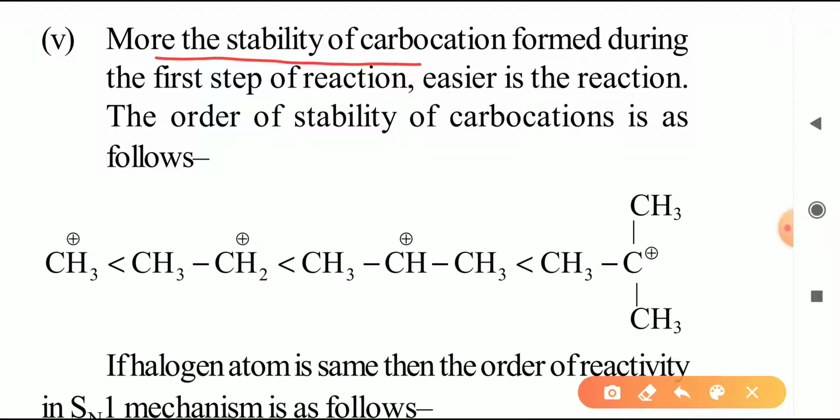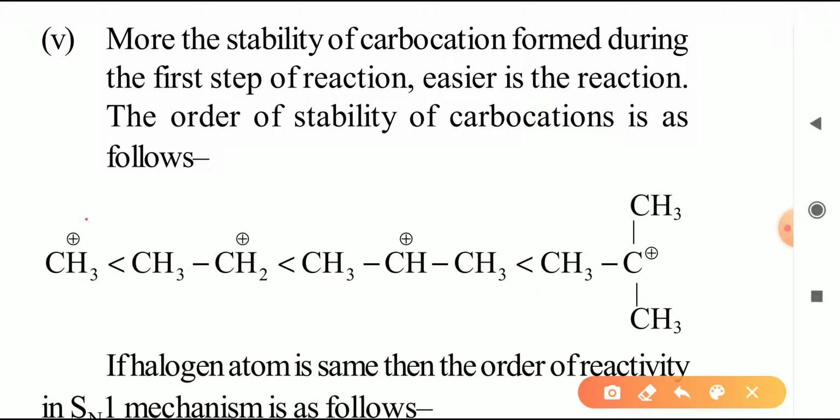I read it again: the reactivity of the SN1 reaction depends on the stability of carbocation. Now, what is the meaning of stability of carbocation? You know very well, the carbocation is formed in the first step, R plus. There are different types of carbocations.